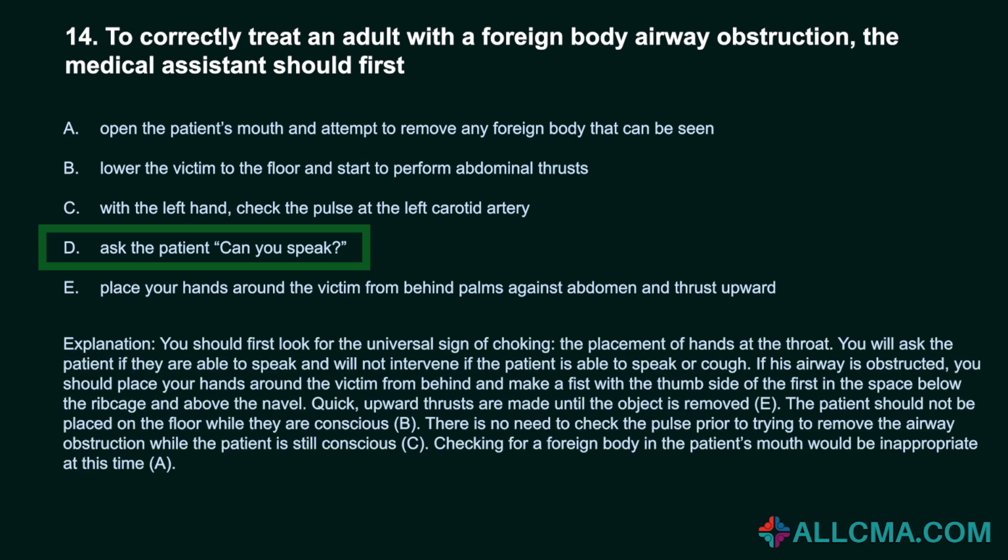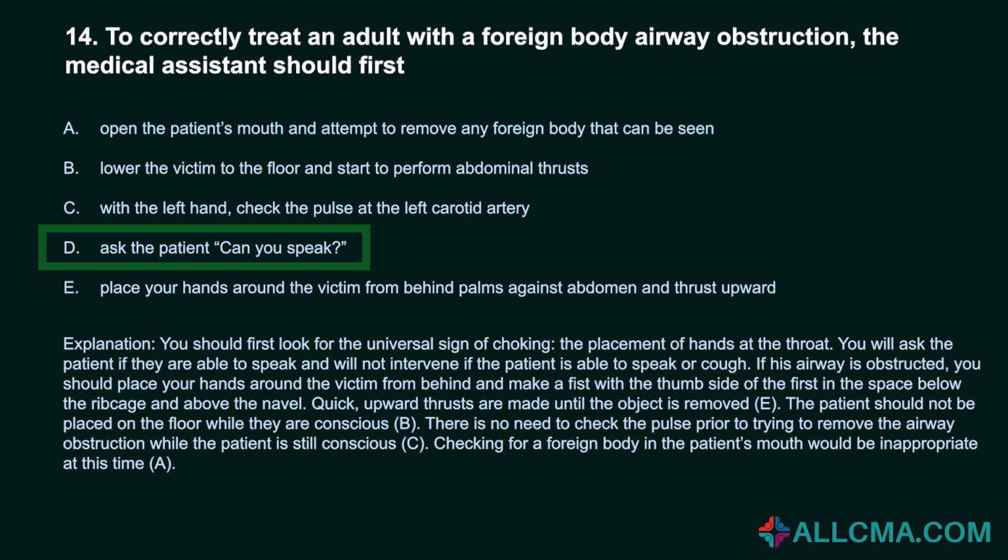You should first look for the universal sign of choking, the placement of hands at the throat. You will ask the patient if they are able to speak and will not intervene if the patient is able to speak or cough. If his airway is obstructed, you should place your hands around the victim from behind and make a fist with the thumb side of the fist in the space below the ribcage and above the navel.